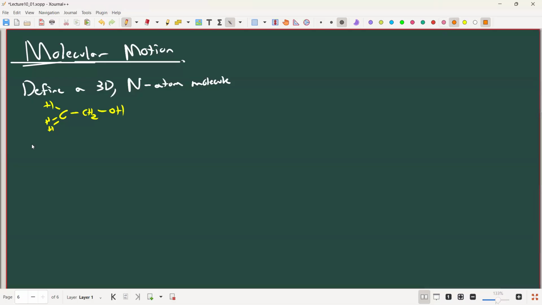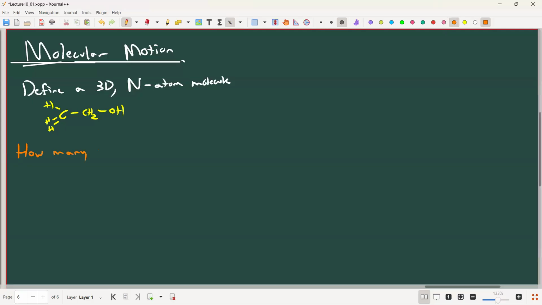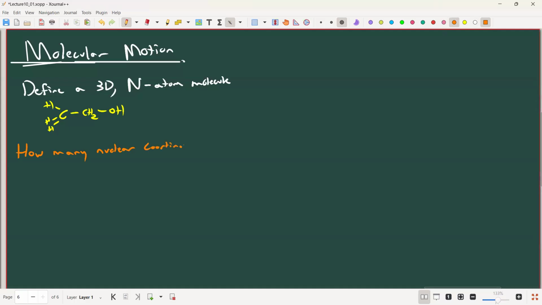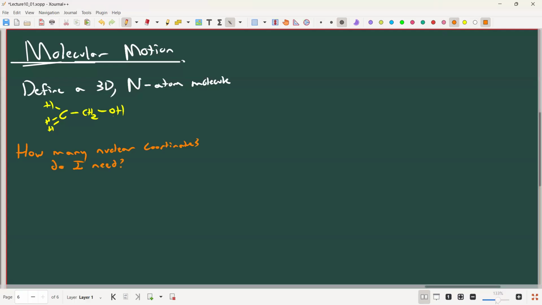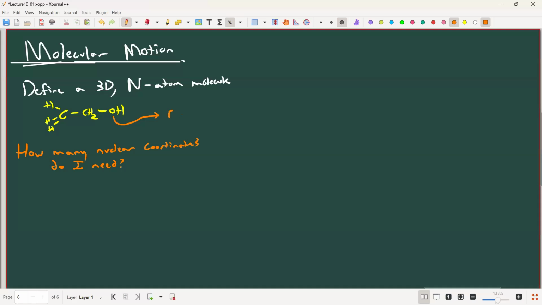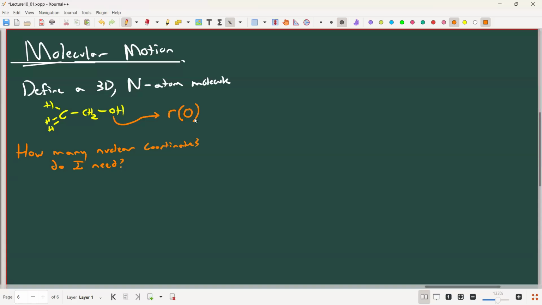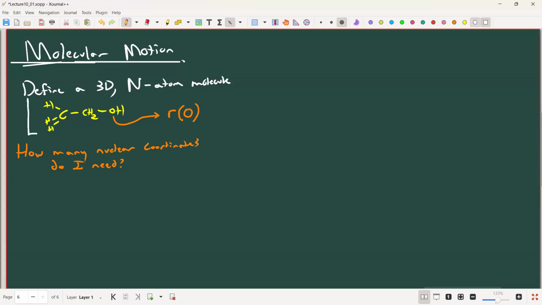So the question I want to ask is, how many nuclear coordinates do I need? Well, let's just take an atom and think about the position of the oxygen, where it is relative to some axis.